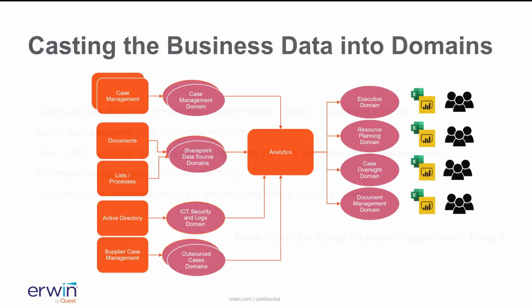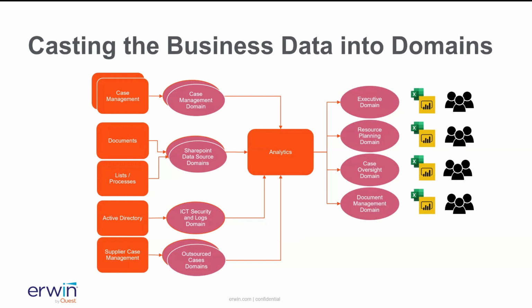So one way is to start looking at the data domains that come out here. Now, Data Mesh talks about source domains and aggregated or analytic domains. So we have on the left here source domains. These are representative of the source systems, so they're very physically oriented around the processes and the applications that are running there.